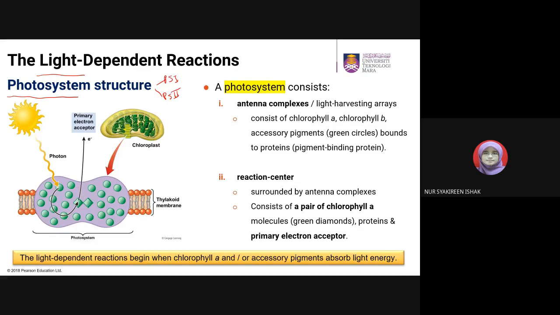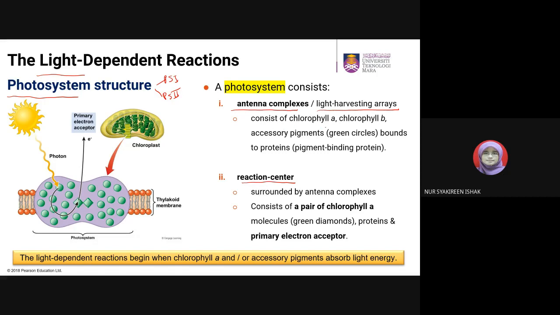Each photosystem has two major components, which are the antenna complex and also the reaction center complex. The antenna complex is also known as light harvesting array ataupun light harvesting complex. Okay, light harvesting array or light harvesting complex pun boleh guna juga istilah tu, depending on the books that you refer to.